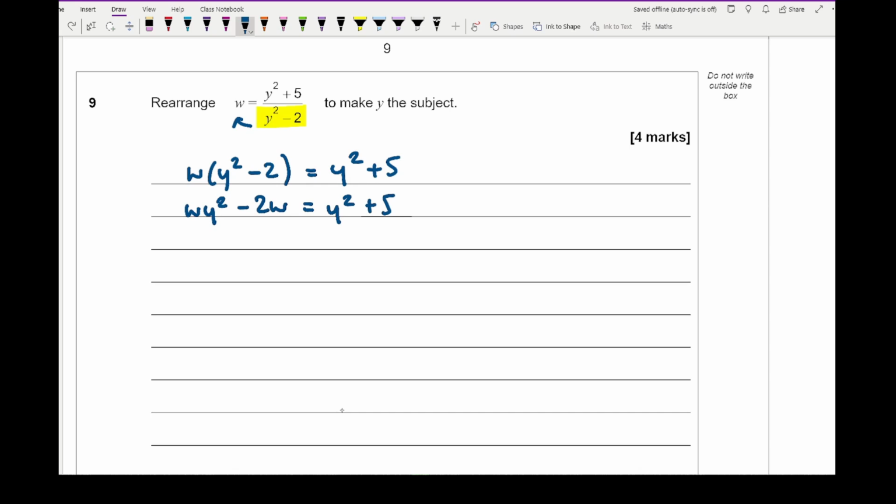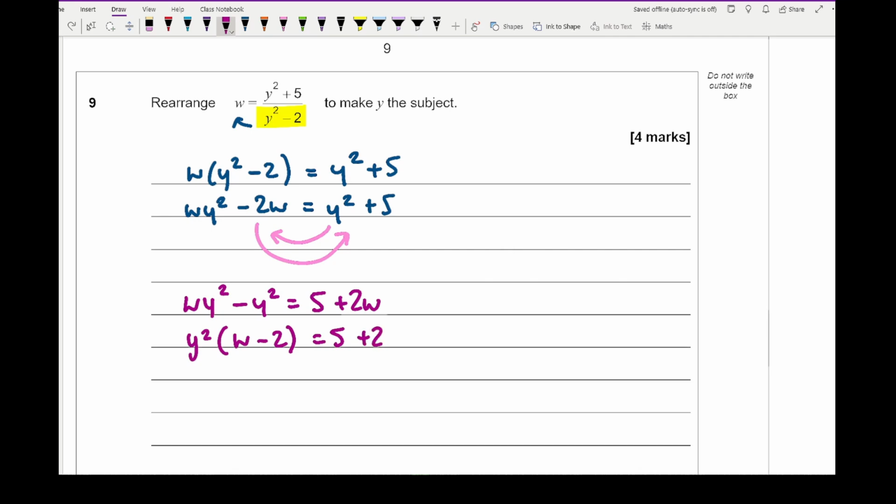Now if I get everything with a y on one side, everything else on the other, so I'm taking this to this side and that to that side, I end up with wy squared minus y squared equals 5 plus 2w. Then if I factorise the left hand side, I end up with y squared times w minus 1 equals 5 plus 2w.